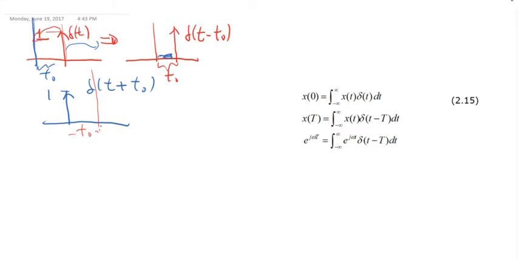So by shifting by minus t naught or positive t naught, we can move the function to here or to there. That is very important.